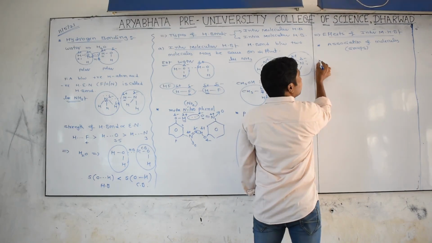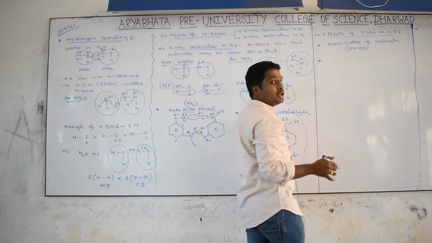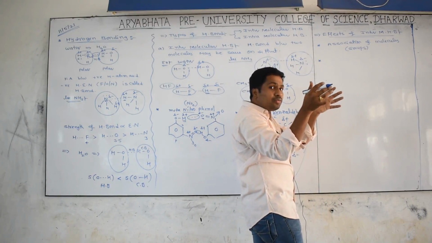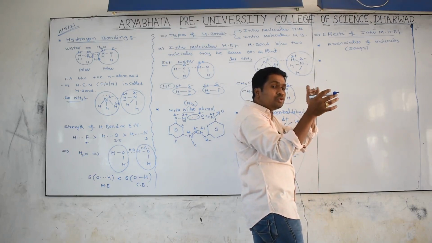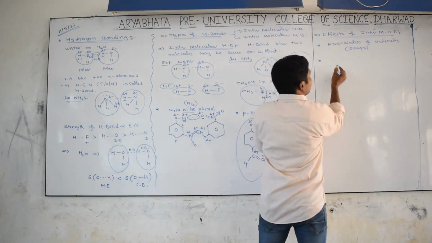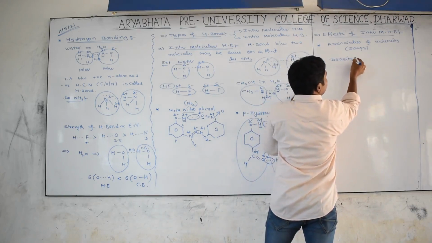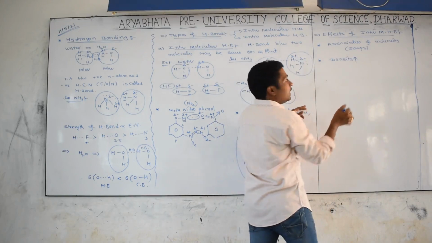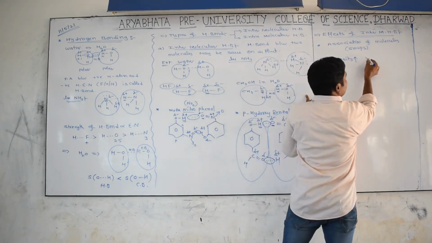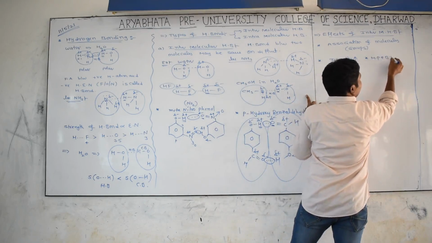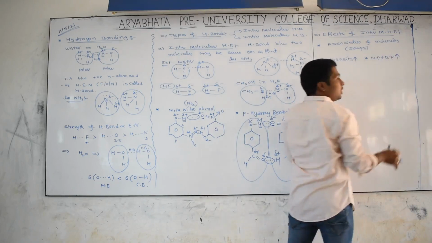Because of the groups, the molecules are automatically very close to each other, so many properties will change. What are those? The density of the substance or material increases. And one more thing we can say: its melting point as well as boiling point keep increasing. Why?